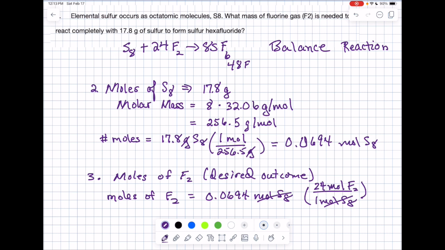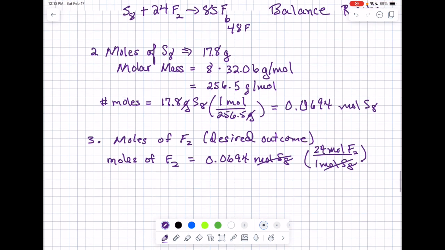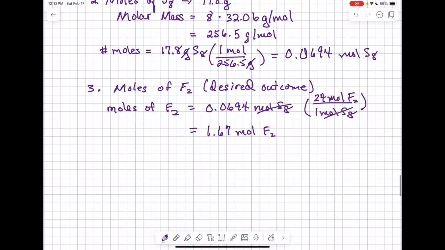So when I do that calculation, all right, what I'm going to get for my moles of F2 is 1.67, rounding off, 1.67 moles of F2. All right, so that's what I've got, 1.67 moles of F2.